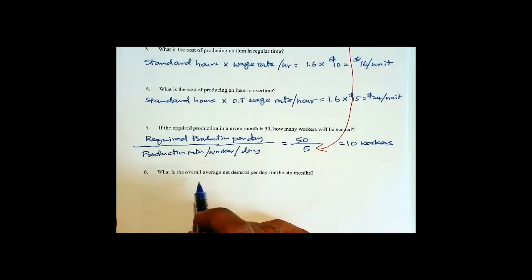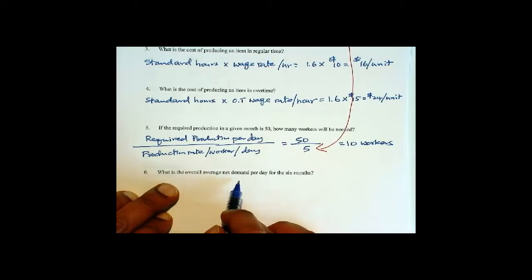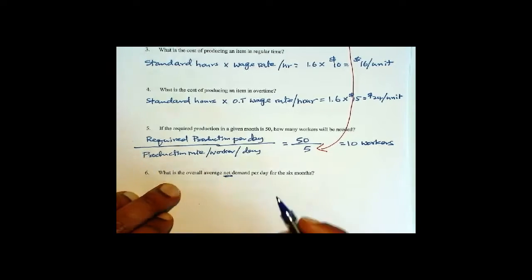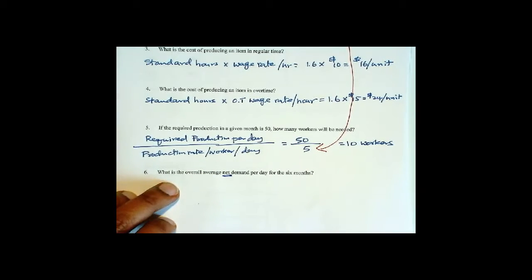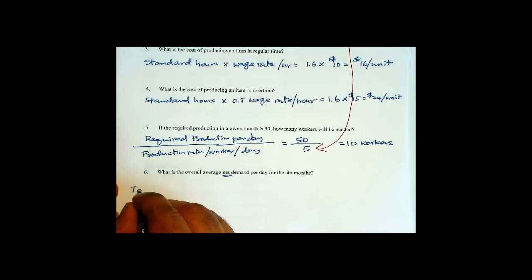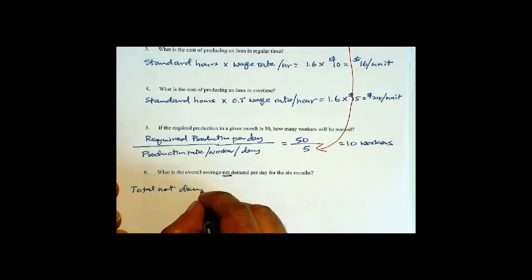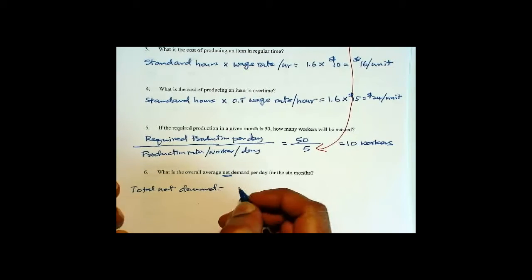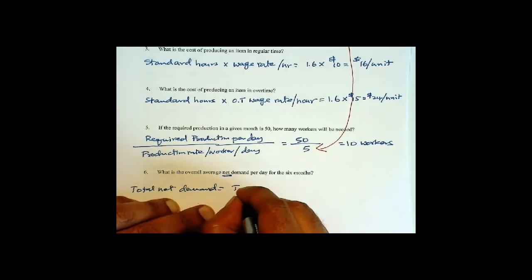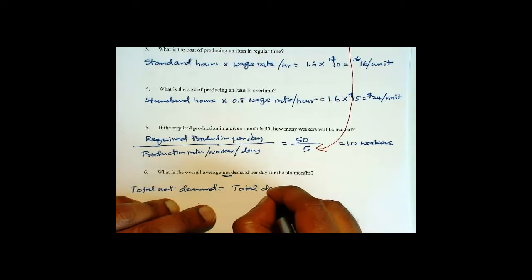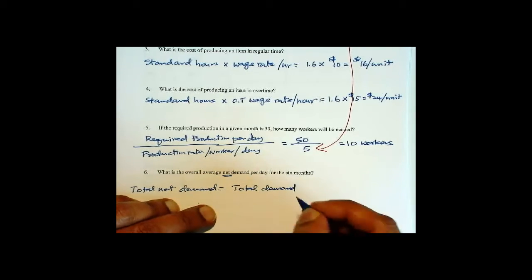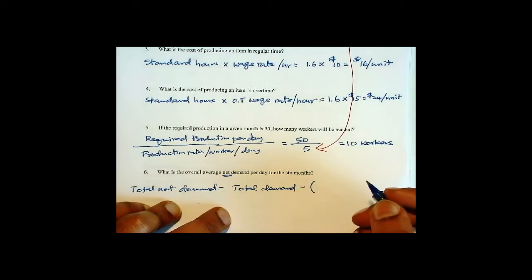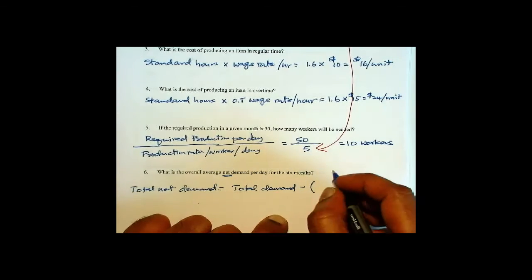So what is the overall average net demand? Here there is a particular meaning for this net demand. So net demand for 6 months. First we have to look at the total demand, but there is some current inventory available, so we can use some of that towards the total demand.